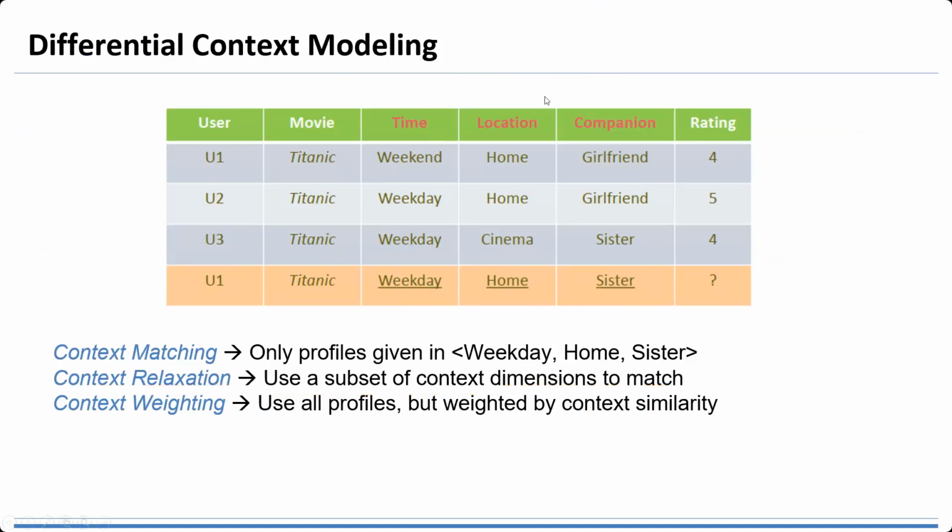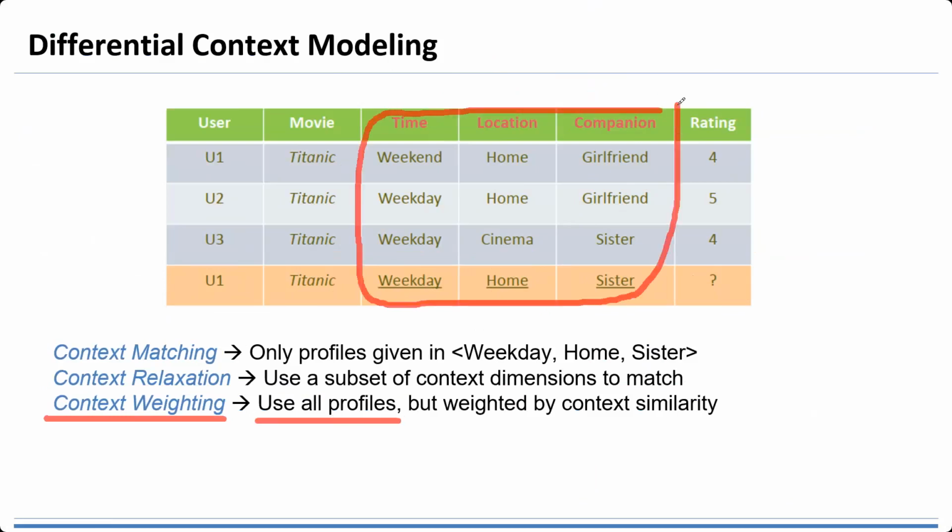If the time and location is not possible, maybe let's find the time and companion, and so on. And there is another way, we call it context weighting. Context weighting means use all profiles. So we can use all the profiles, but weighted by the context similarity.